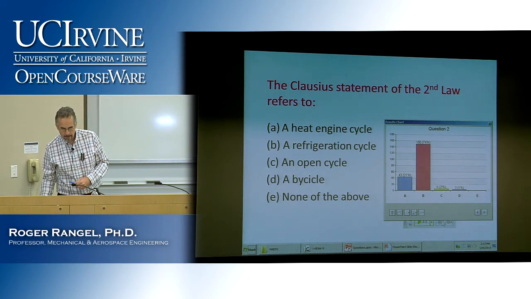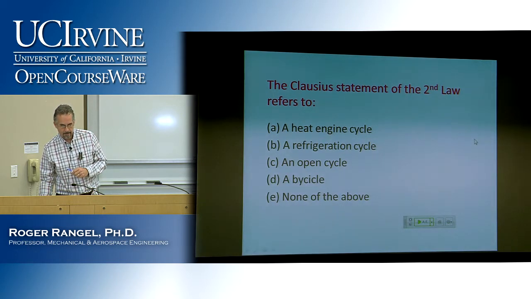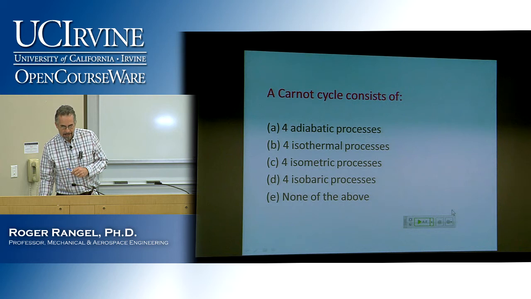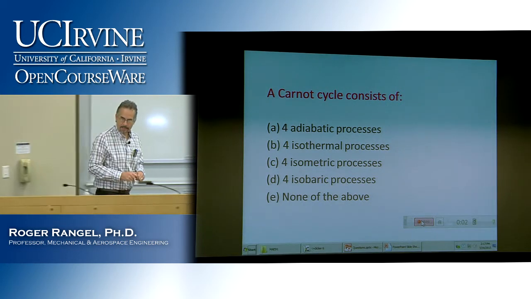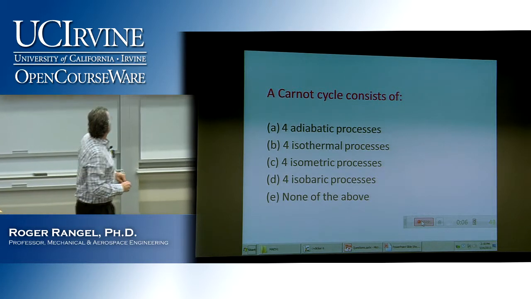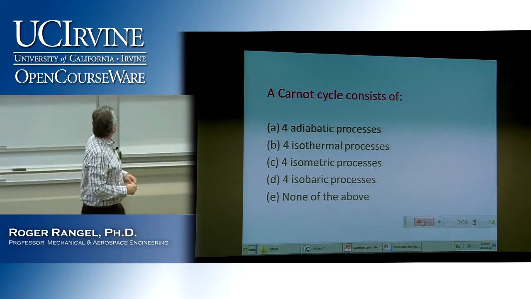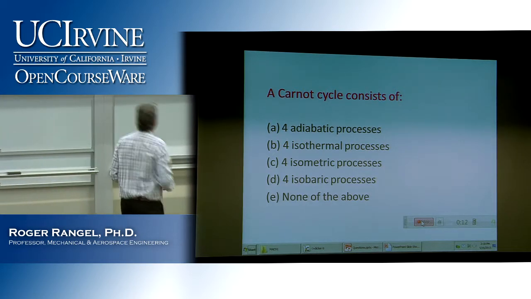So, all right. Let's do another one. If anybody has a question about the questions, just raise your hand. Not during the question, though. A Carnot cycle consists of: 4 adiabatic processes, 4 isothermal processes, 4 isometric processes, 4 isobaric processes, or none of the above.